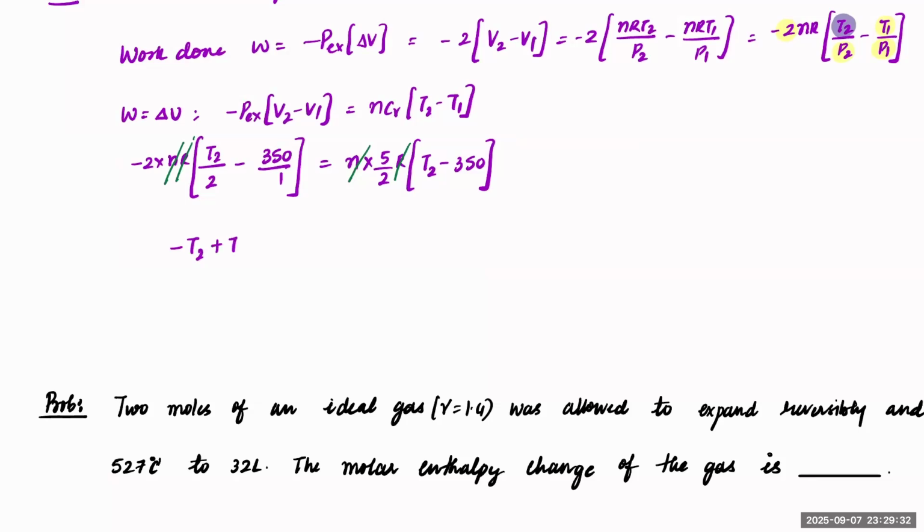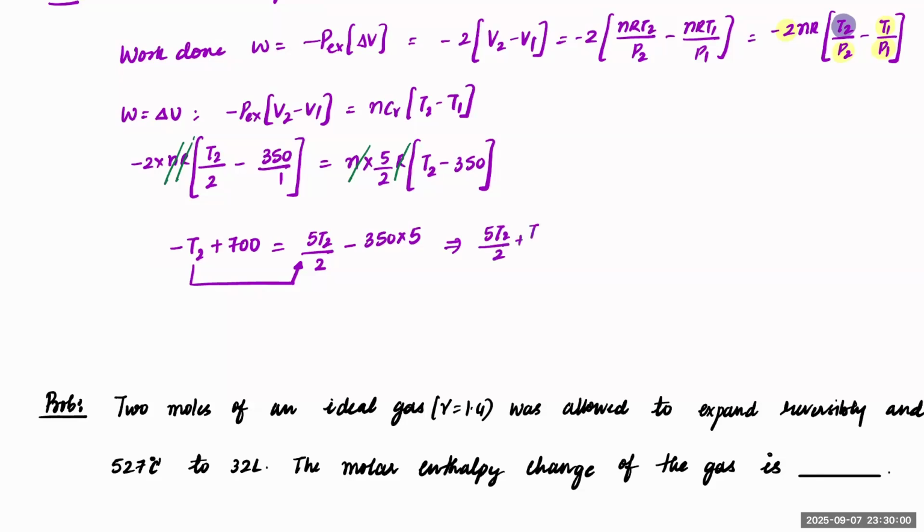That is equal to 5T2 by 2 minus 350 times 5 by 2. You can see 5T2 by 2 is larger than T2, so I'll take this T2 to the right hand side. So I will get 5T2 by 2 plus T2.